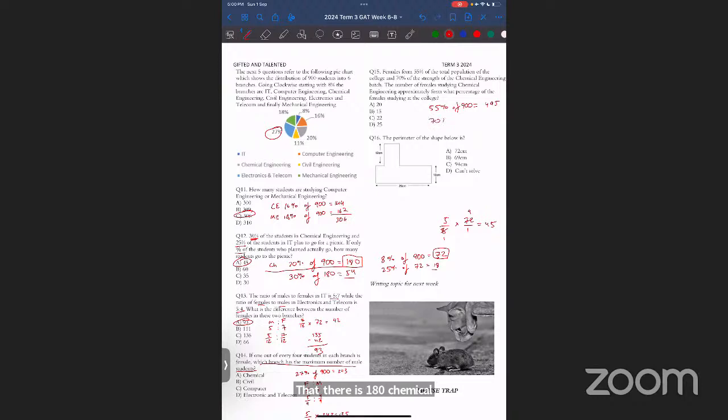So 70% of 180 is equal to 126. So to find out the percentage of chemical engineering students as a percentage of the total females, you do 125 divided by 495, and you get approximately 25%. The answer is D.